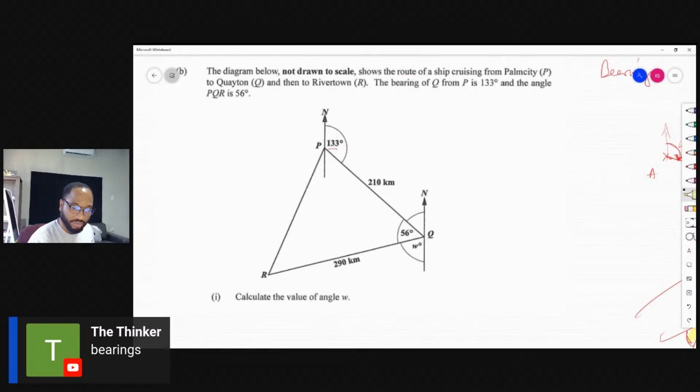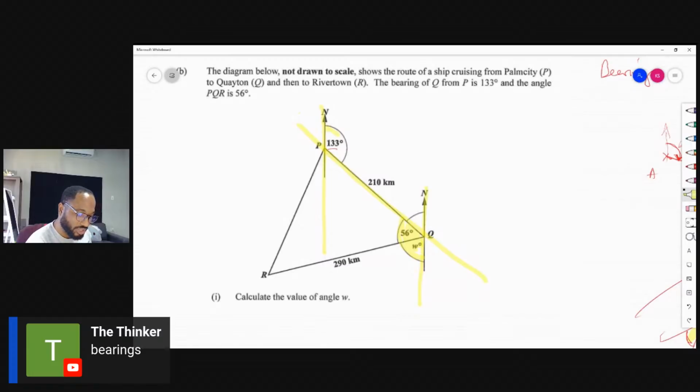Okay. Right. The big tip for bearings, write this down: lengthen the north lines, and think of the lines connecting the points as transversals, a line cutting through two parallel lines. Then start to use the rules. This angle must be equal to this angle, or maybe this one.